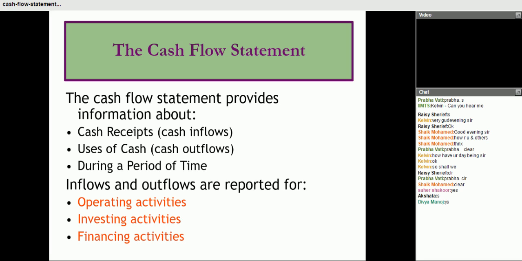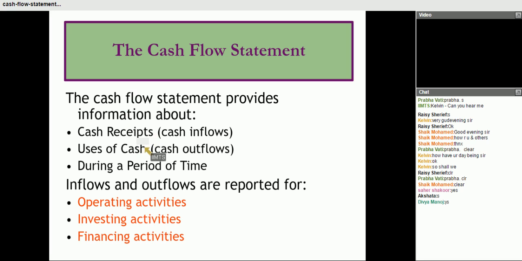Welcome to IMTS. So, today we are discussing about cash flow statement. We have just started the class few minutes back. We are on second slide. So, we were just discussing about the cash flow statement. This statement gives us the information about the cash receipts, which is also known as the cash inflow. Cash inflow means the money which is flowing into the organization.